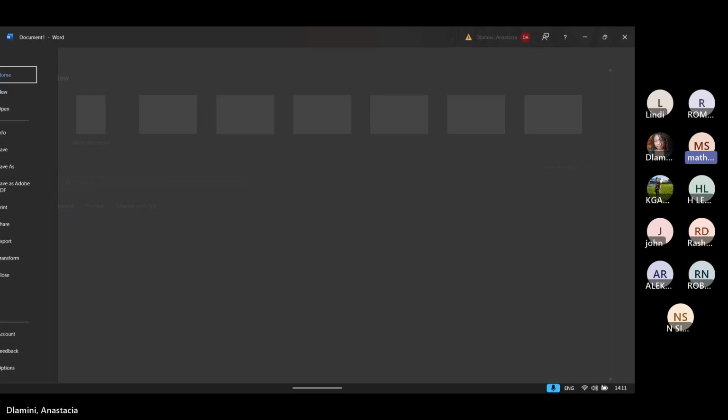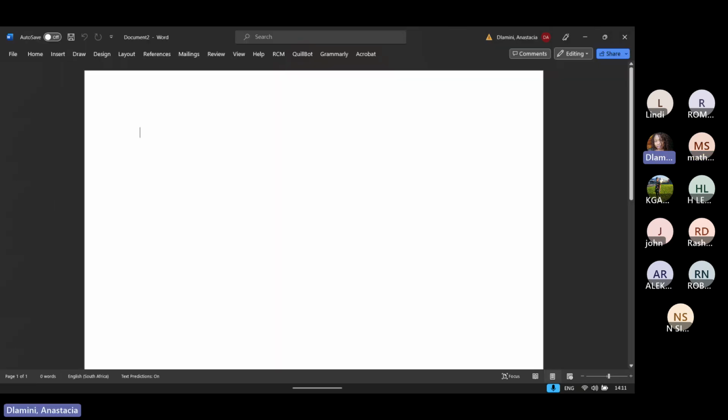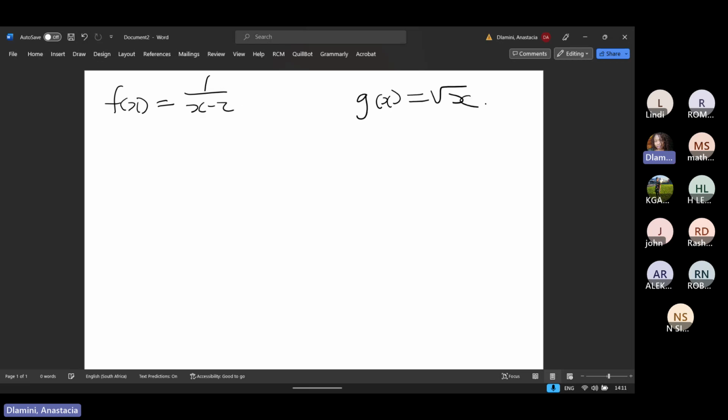Now we will move on. Let's look at the example that we already have in our textbook. They say f of x is equal to 1 over x minus 2, and g of x is equal to the square root of x.